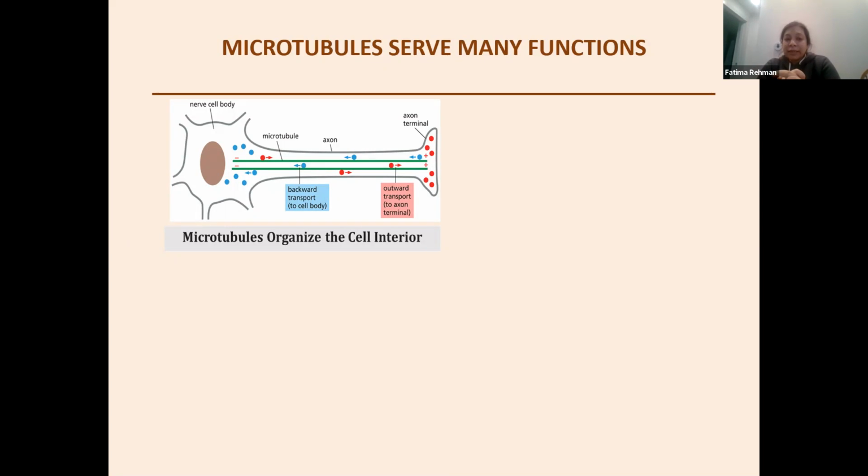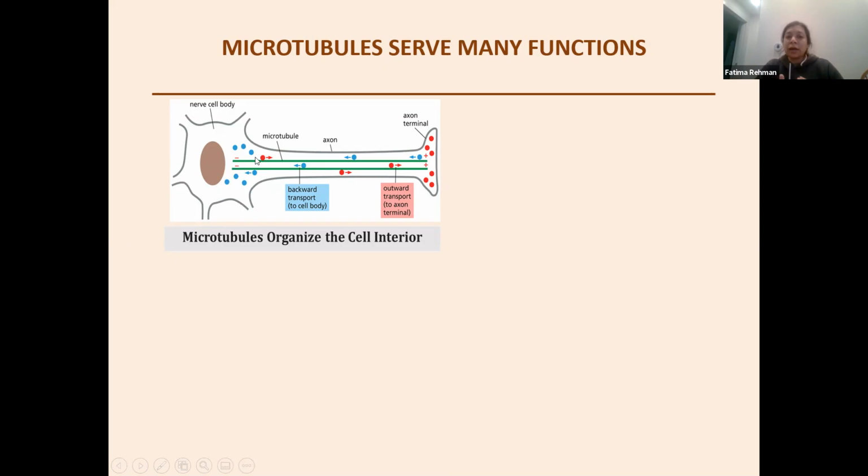One of the things they help with is neuron transmission of signals and the integrity of the neuron, by creating tracts in the axon that go from the nerve cell body all the way to the axon terminal.